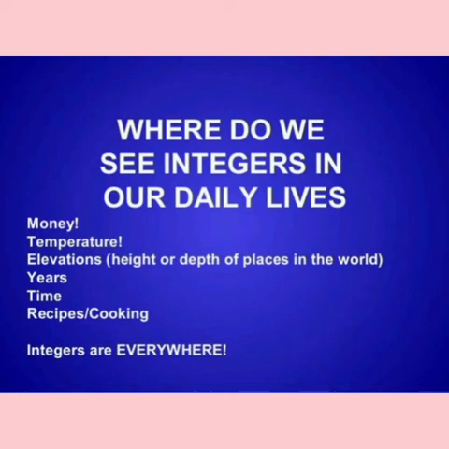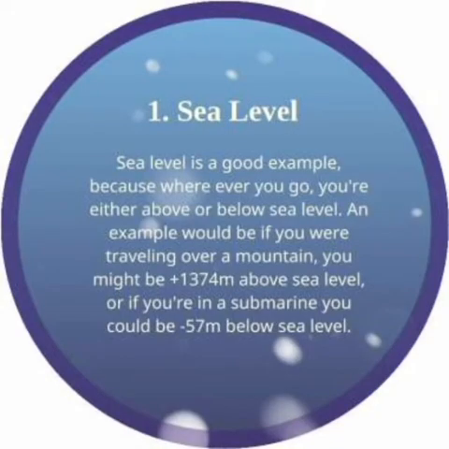Integers are everywhere. First real life example is sea level. Sea level is a good example because wherever you go, you are either above or below sea level. An example would be if you were traveling over a mountain, you might be plus 1374 meters above sea level.